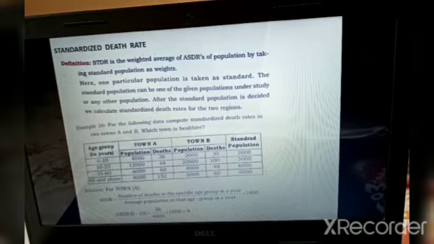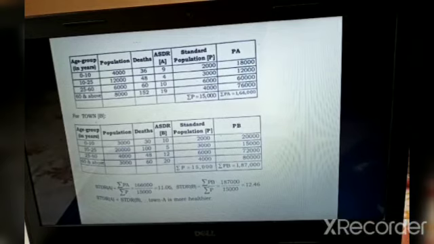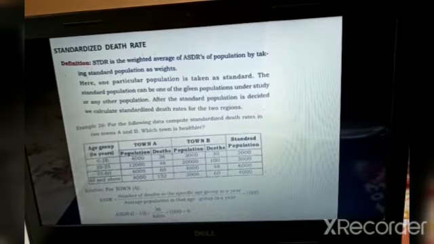A population which has minimum STDR is a healthy population. When we work out an example, we'll get to know. So for the following data, compute standardized death rate in two towns A and B. Which town is healthier?